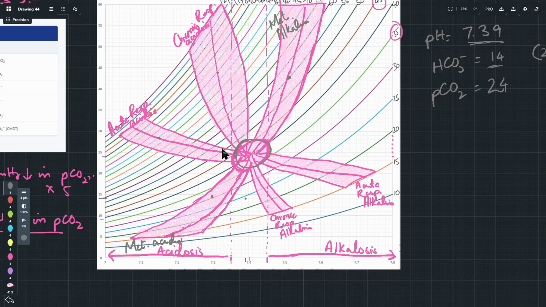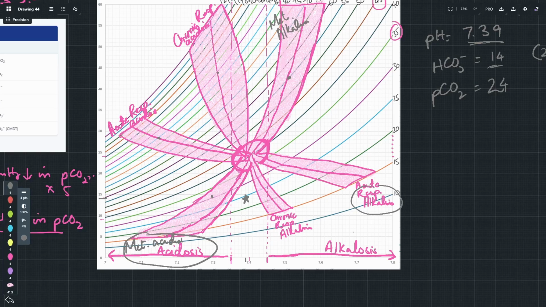But generally speaking, if the dot lies somewhere in this range, it is most likely normal. Of course, not always. I will show you an exception as well at the end. But here you see it is lying outside this range. It is lying between metabolic acidosis and respiratory alkalosis.